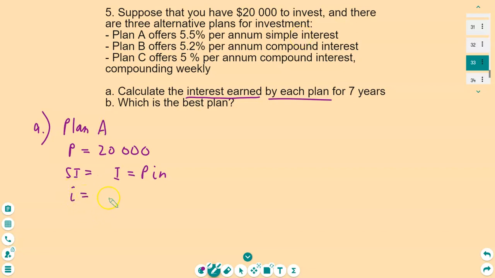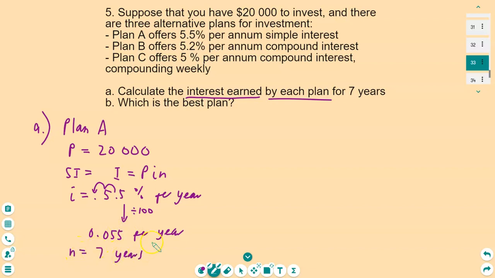So I is 5.5% per year. Remember, we need it as a decimal. Divide it by 100. 0.055. And interest earned by each plan for 7 years. N equals 7 years. This is years, this is years.